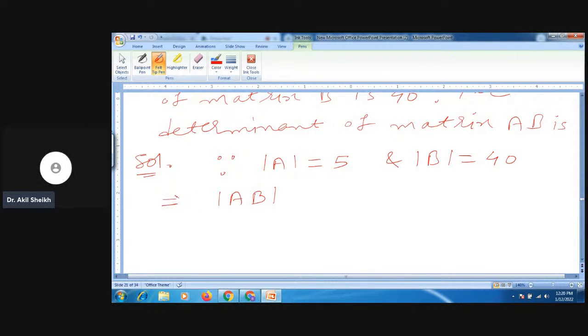So we know that the determinant of AB is nothing but the determinant of A into the determinant of B. It is here 5 into 40. So it is here 200. So 200 is the answer.